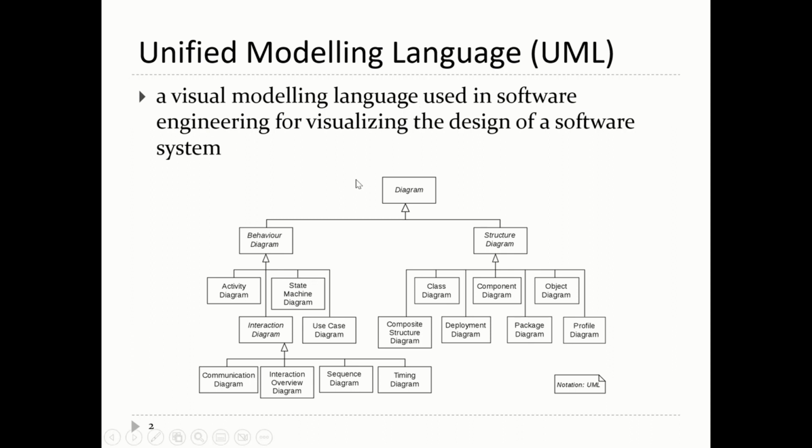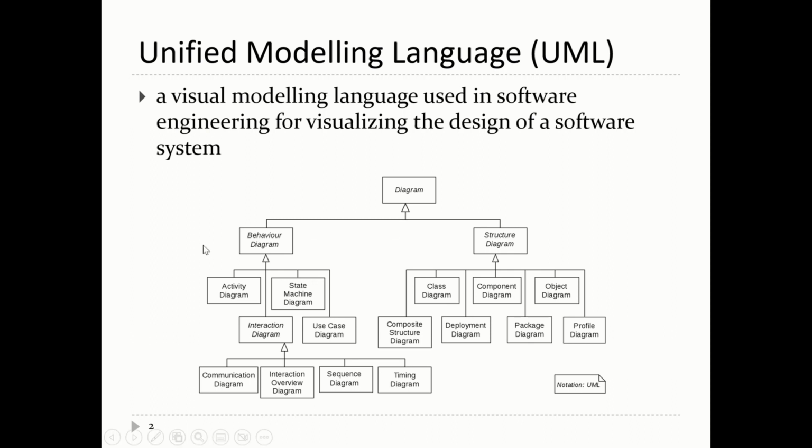What they're trying to show you is the types of diagrams that you can have in a UML description of a program. So you can see it's actually fairly complicated. There's probably more than this diagram is showing. But you can see that everything in a UML diagram is just a diagram. That thing at the top is the most general type of diagram that you can have.